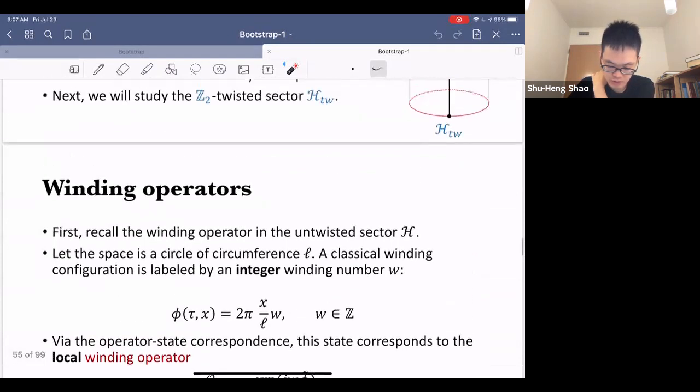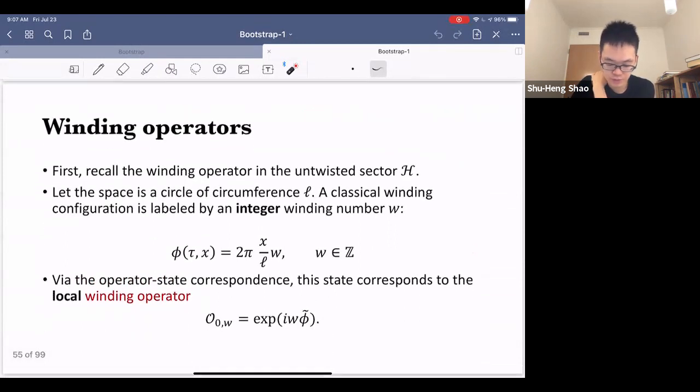Before we actually look into the twisted sector states of this Z2 momentum symmetry, let's first recall some operators in the untwisted sector. Recall that in the lecture from yesterday, we talked about winding configurations, which are states in the untwisted sector. The winding configurations are labeled by an integer winding number.